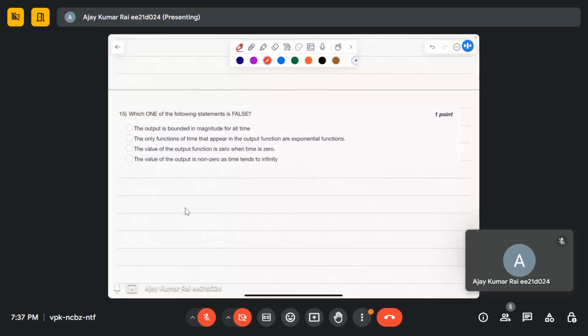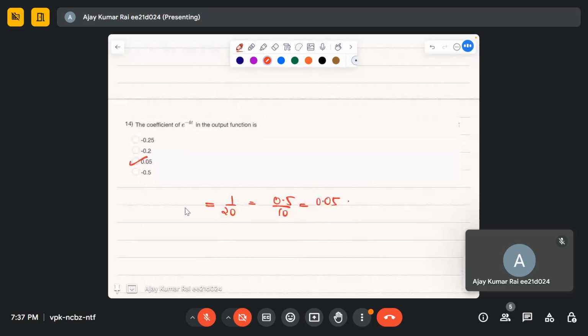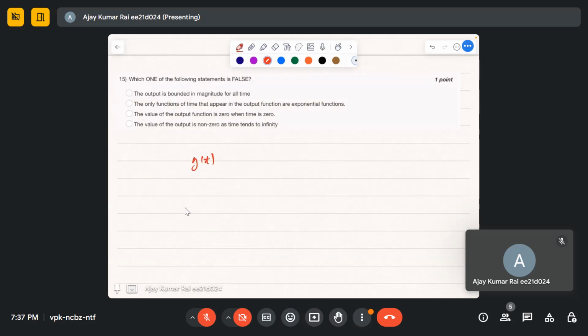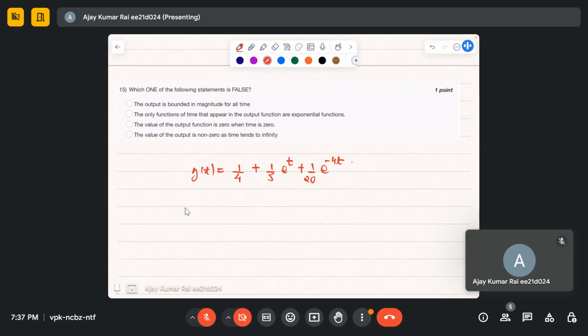Okay. Which one of the following statements is false? The output is bounded in magnitude for all time. Okay, for this, let me write the equation once again. So y of t is equal to 1 by 4 plus 1 by 5 e to the t plus 1 by 20 e to the minus 4t. For this particular output, we have to find out which one is false.